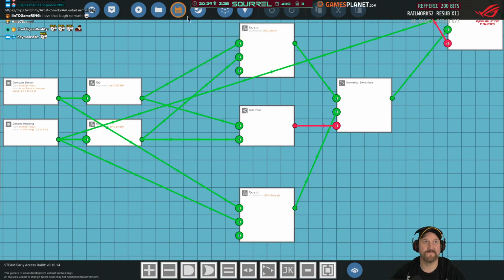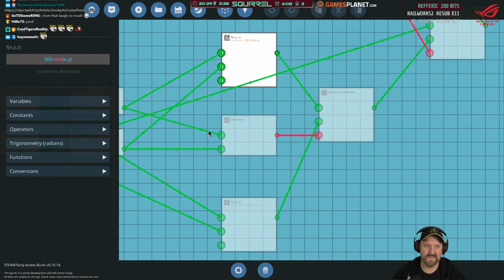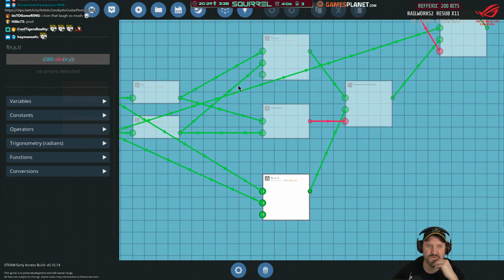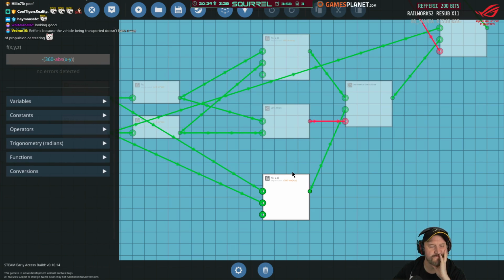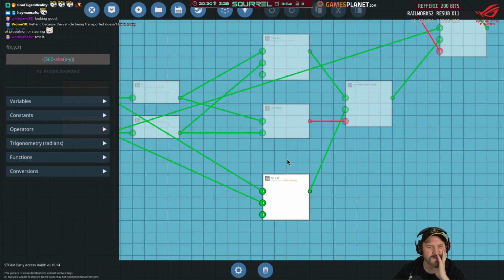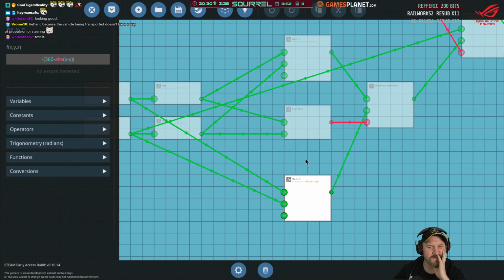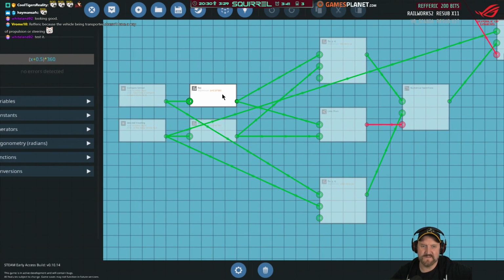So, Whiteland, have you got a solution or not? 360 minus abs of x minus y versus the negative 360 minus abs x minus y. So you're saying... No, it doesn't look good at all. We're basically testing completely different things here.